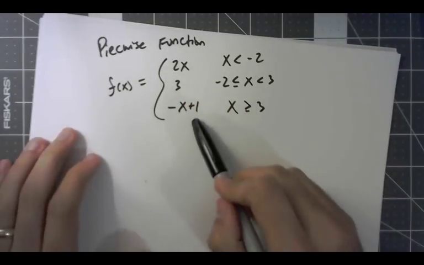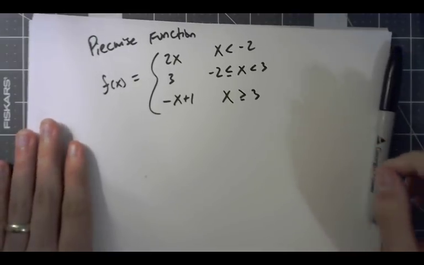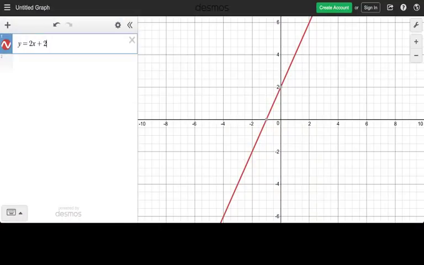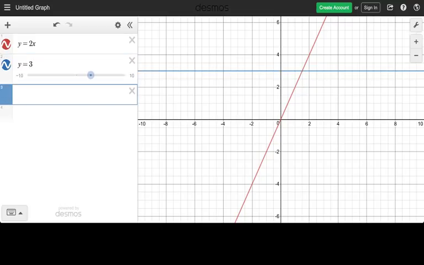I'm actually going to show you this on Desmos real quick. So hang tight. Let's switch over there. So I have three functions: y equals 2x, y equals 3, and y equals negative x plus 1.